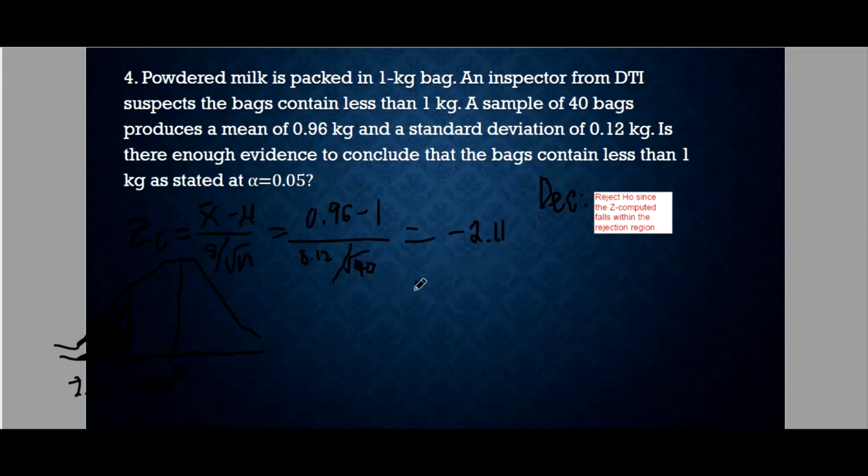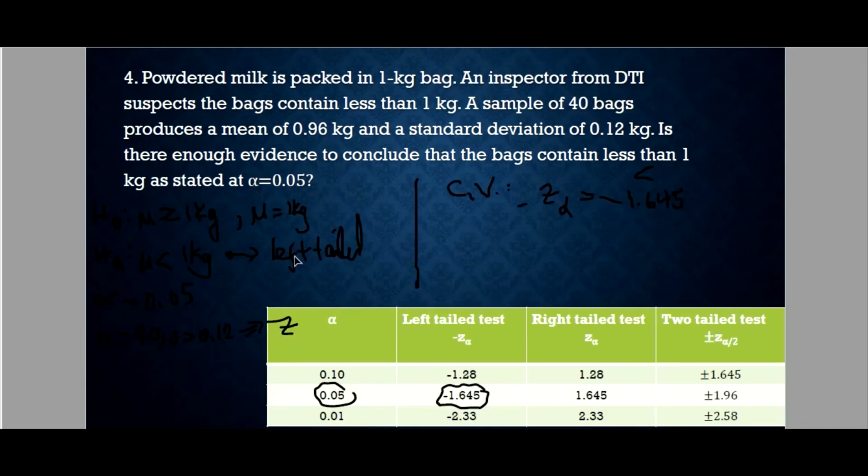Now, the last part is, of course, our conclusion. Conclusion. So, reject H0. So, we have less than 1 kilogram.